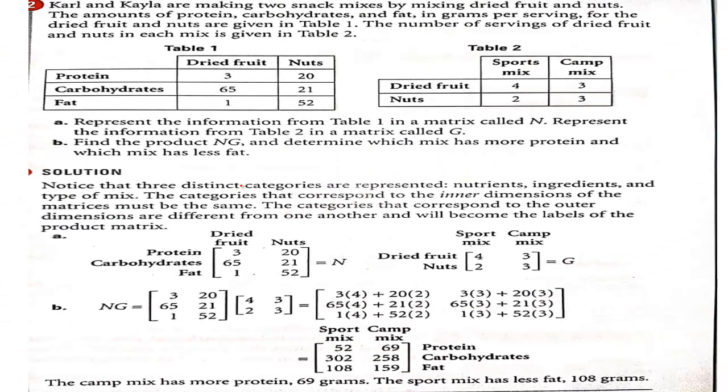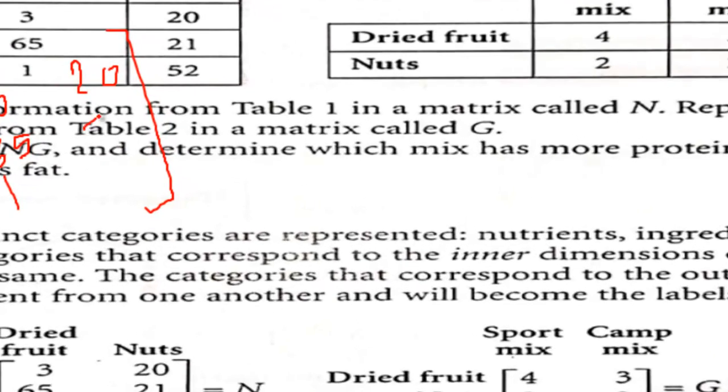Carla and Kyla are making two snack mixes of mixing dairy, fruit, and nuts. So we have a table for Carl and Kyla. They have a number of fruits. Here we have nuts, and Kyla is making a table of sport mix and camp mix. So now we have two matrices. The first one is 3, 65, 1, 20, 21, 52.